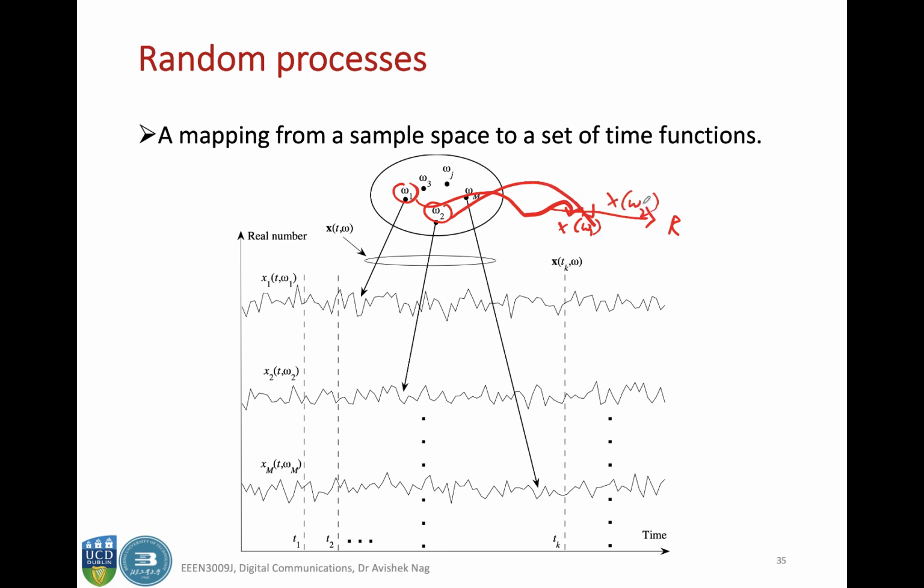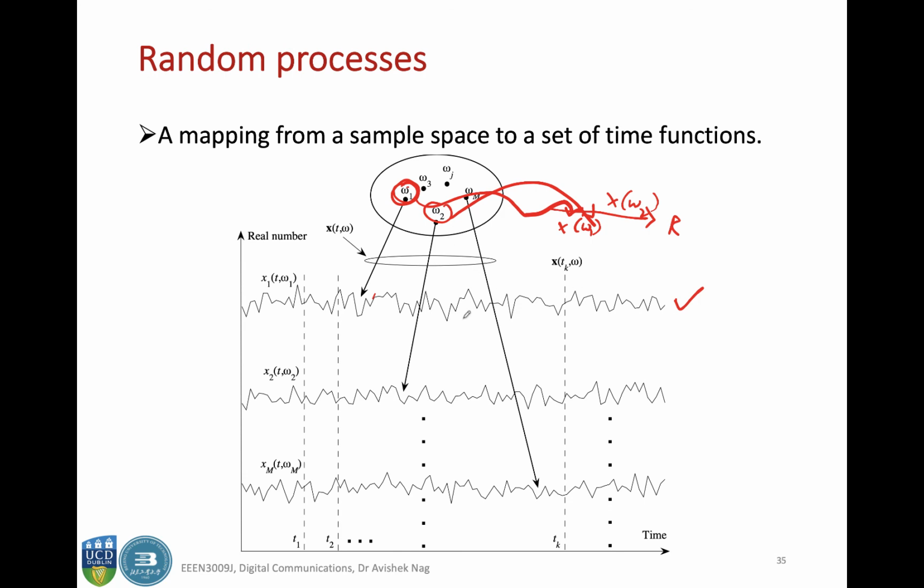But in this case, you are mapping the events in the sample space to time functions. So omega 1 is mapped to x1(t, omega 1), which is one time function.